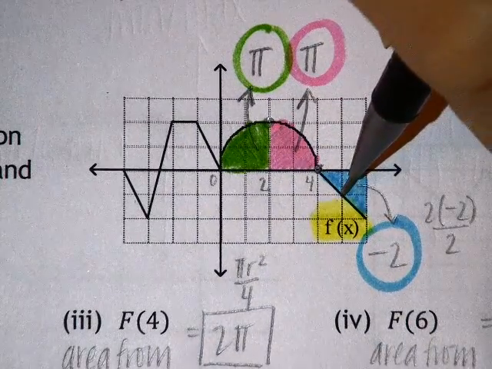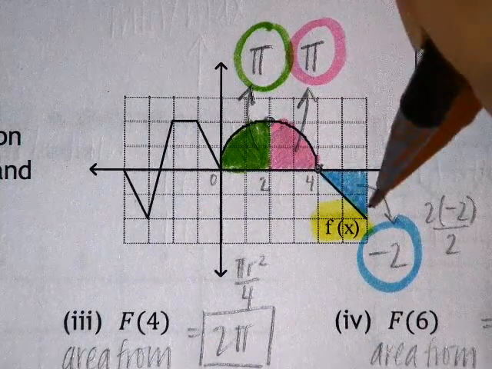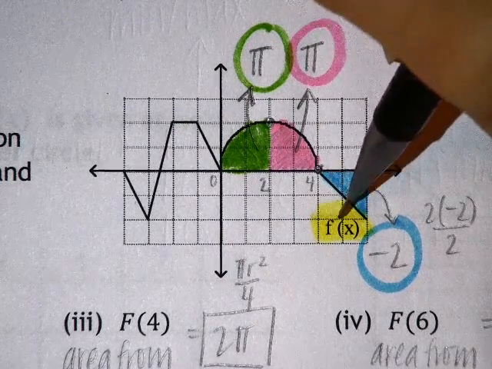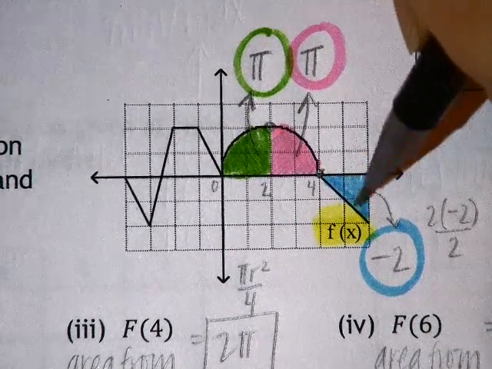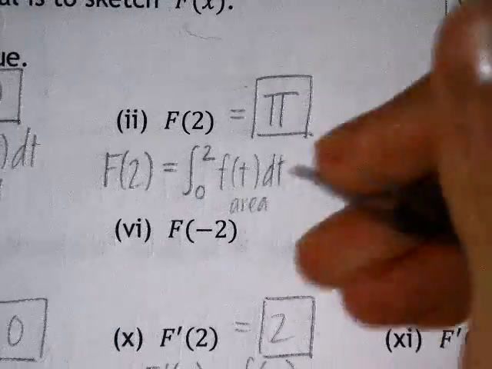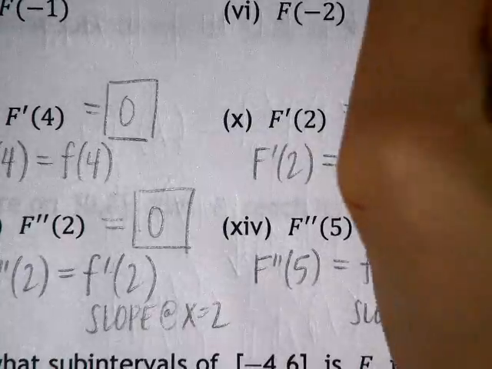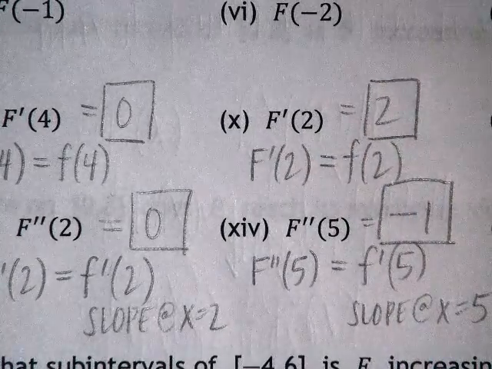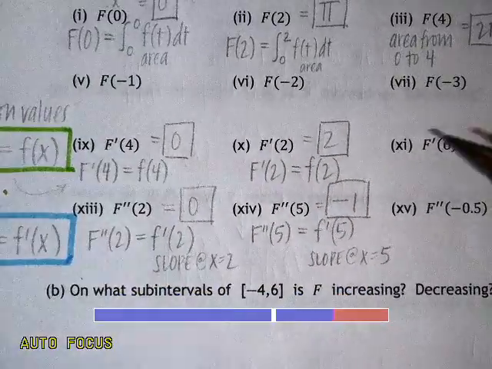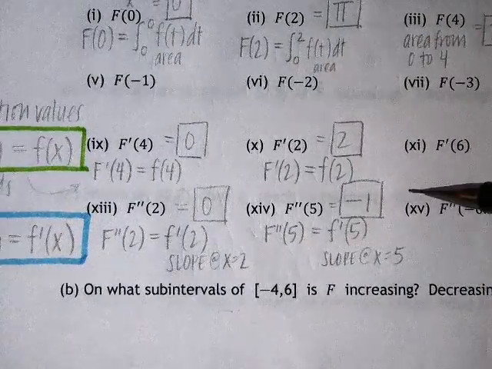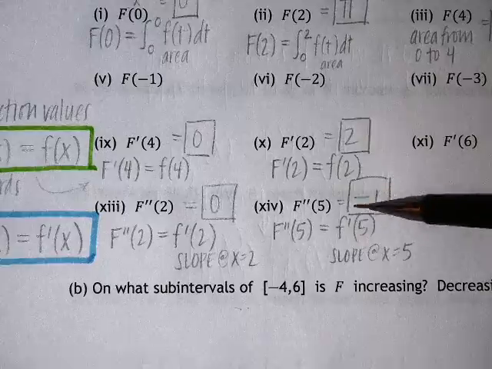Here's 5. The slope is easy to predict because it's a line. So it looks like the slope of that line would be down 2 over 2, or negative 1. So it looks like the slope at that point is negative 1. And again, I don't have to do anything directly with big F because I've established this workaround. Big F itself is somewhat useless, so I'm using little f instead.